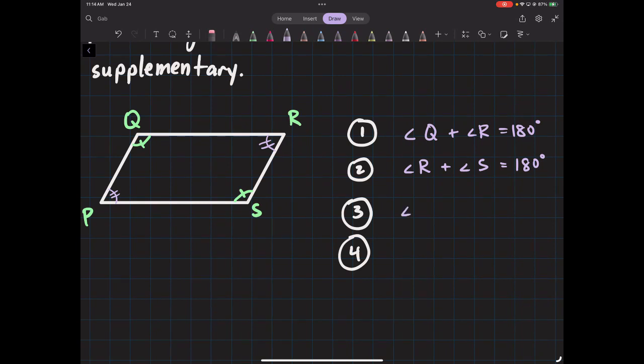So what are you gonna add to angle P to give 180? S. Okay, equals 180. Okay. Eli, choose someone else. Emmanuel. Alright, what's the last one? P and Q, yes.